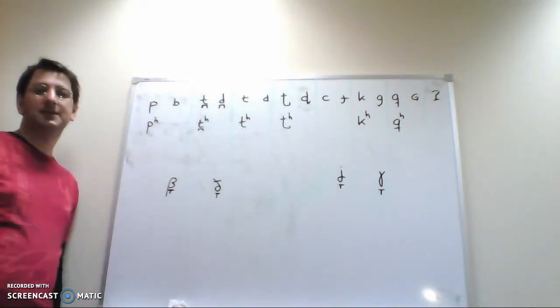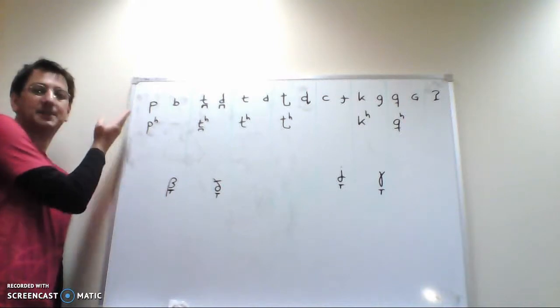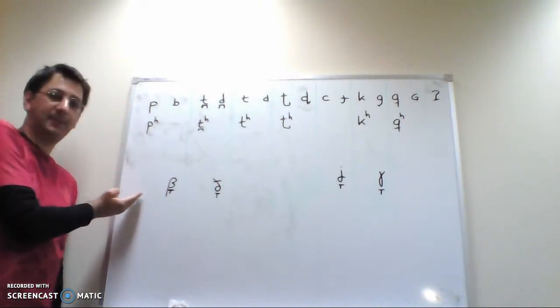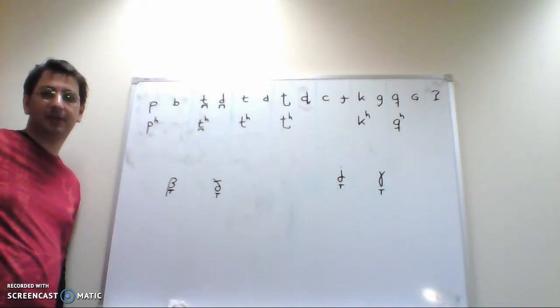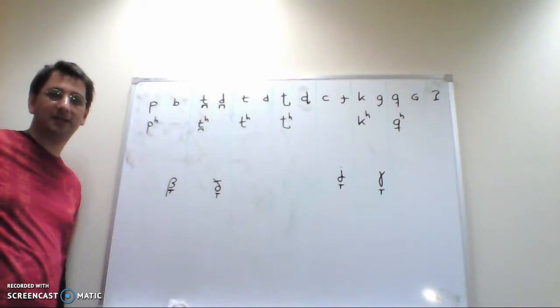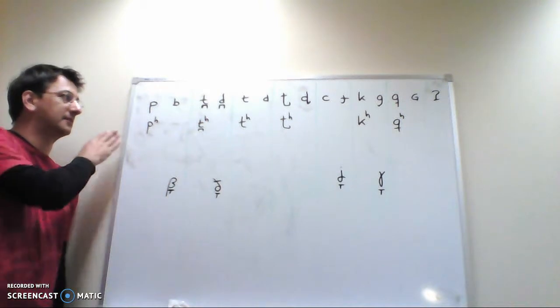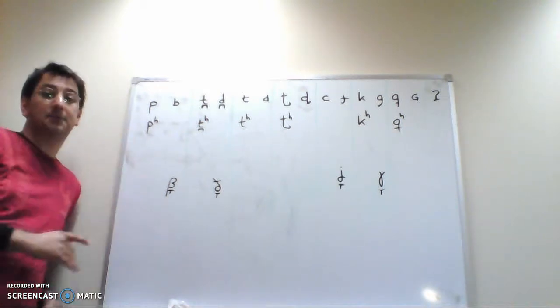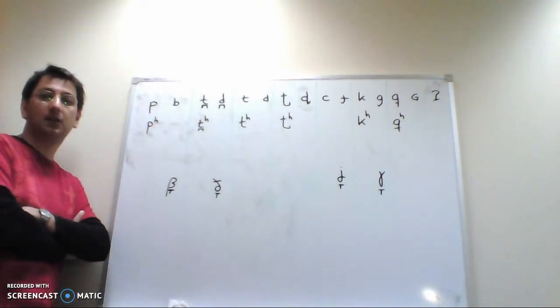Alright, so this video is covering stops like plain stops, aspirated stops, and spirants. Stops are sounds that are produced with a complete closure or contact at the oral cavity of the vocal tract with no nasal leakage. And then you can get an aspirated release for stops, which consists of glottal noise.